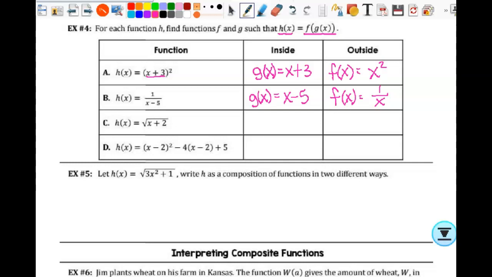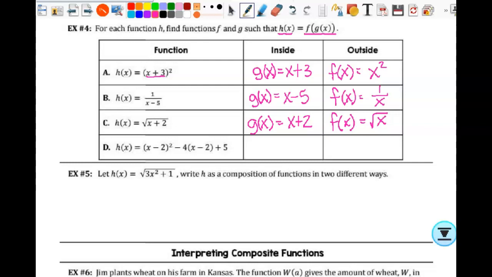So then C, what do you think our inside is? X plus 2, good. Then what would f of x be? The square root of x. You understand how that works? Taking them apart there?